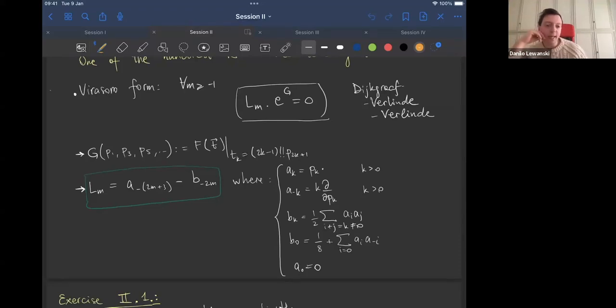And then you build these L_m to be the difference between these A operators and these B operators, where the A operators just multiply by a p variable if k is positive, and they take the derivative in a p variable if k is negative. And then these B operators, instead, are quadratic in the A's, but in a certain way.